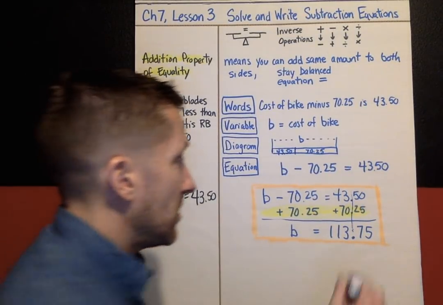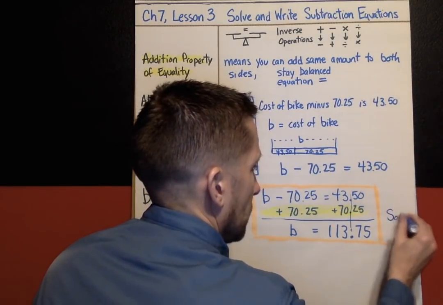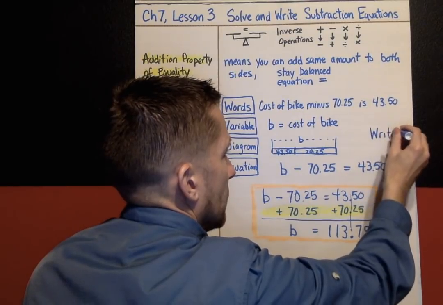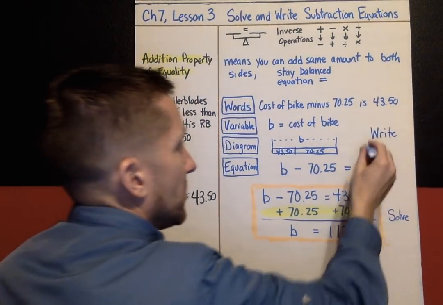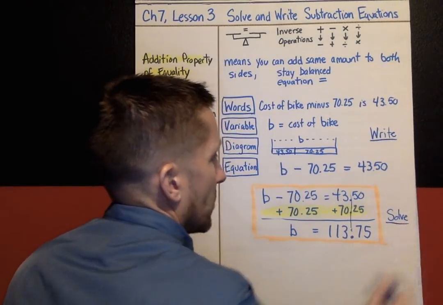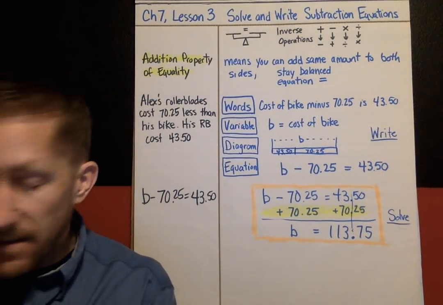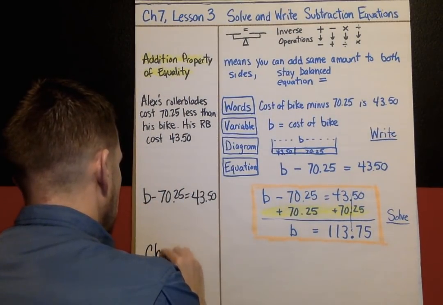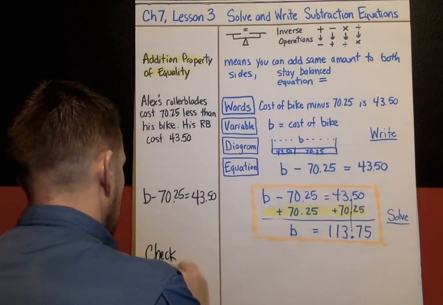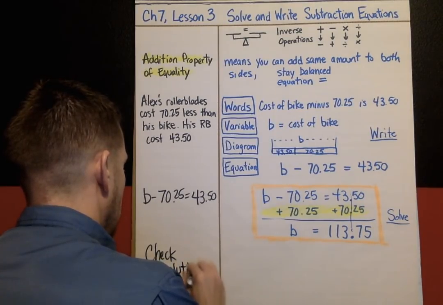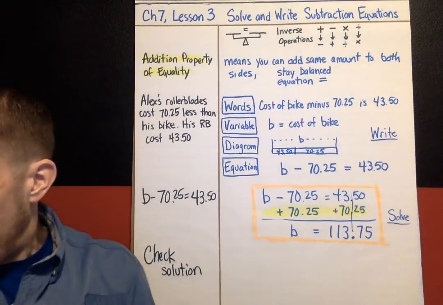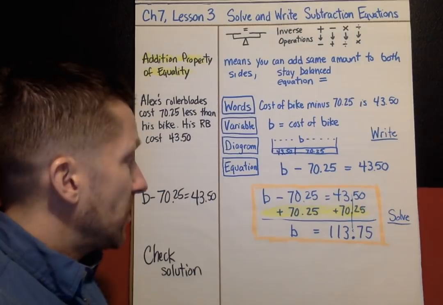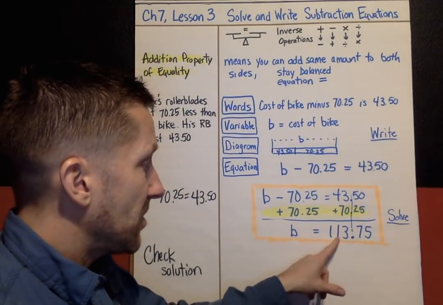Okay, the last, so this is the solve. This is the write. Up here was our process to write equations. Here we're solving it. And the very last thing we're going to do is check. We're going to check our solution. How do you check your solution? You put it back into the original equation, what you think the answer is.